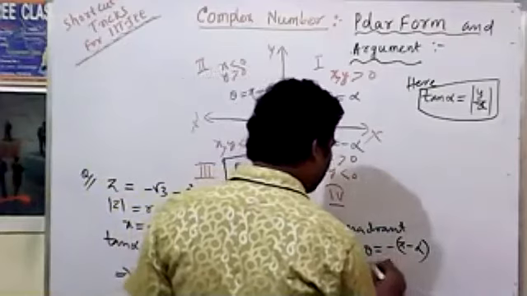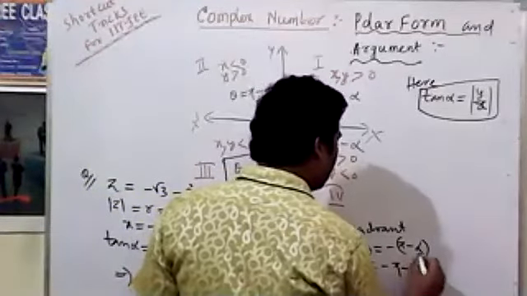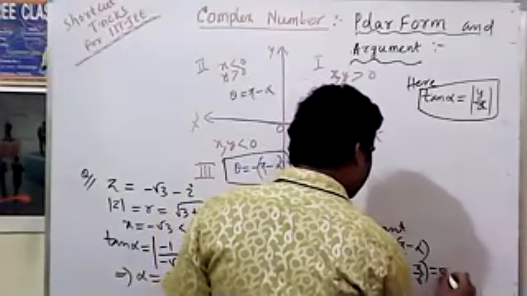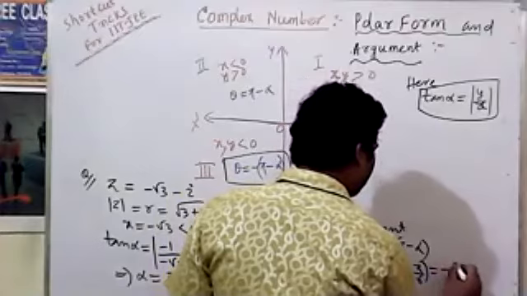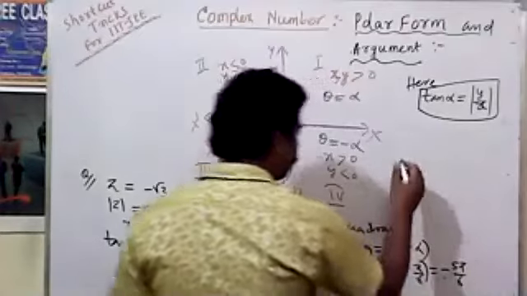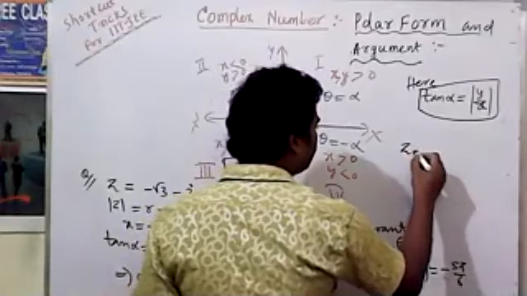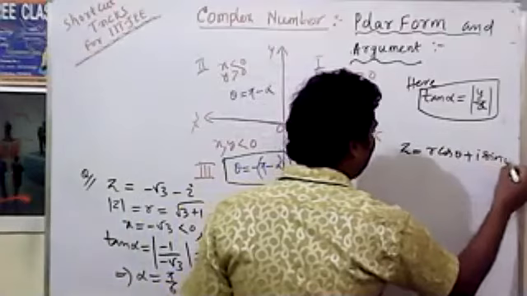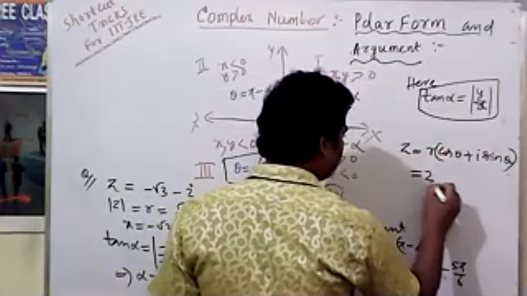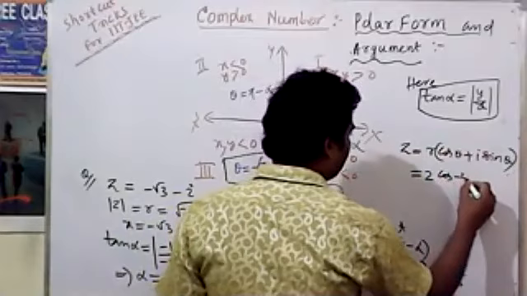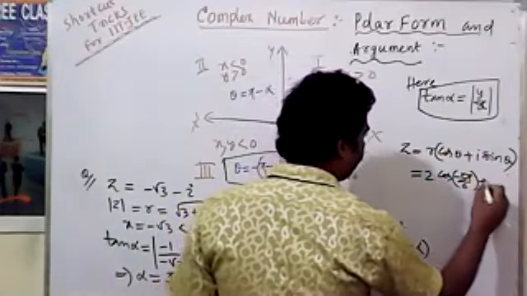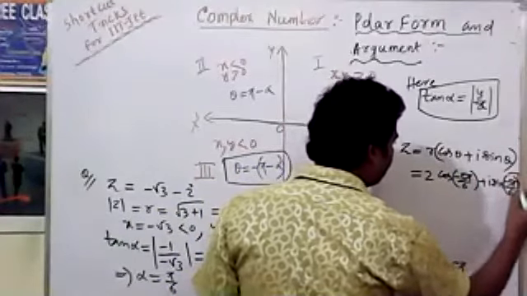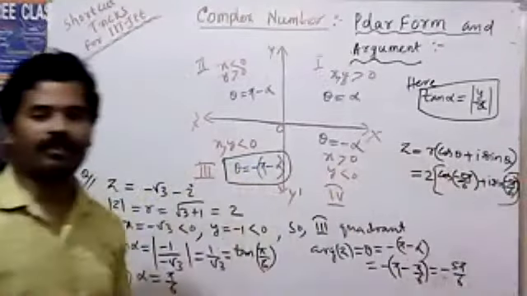Then theta, the argument of z, is equal to minus pi plus pi by 6, that is minus 5 pi by 6. So the polar form z is r cos theta plus i sin theta, that is 2 into cos minus 5 pi by 6 plus i sin minus 5 pi by 6. That is the polar form.